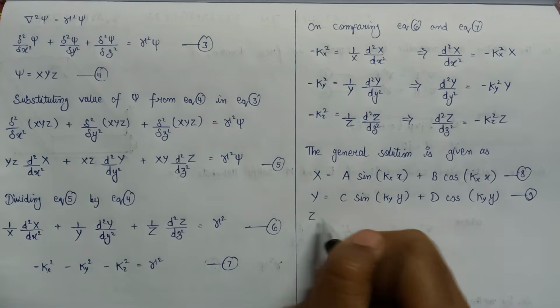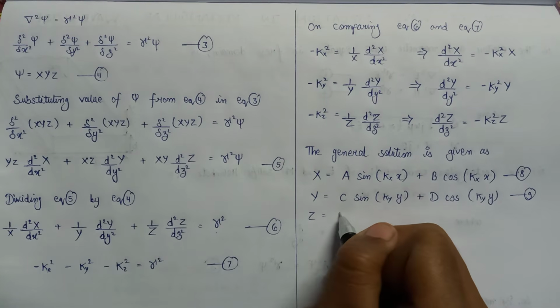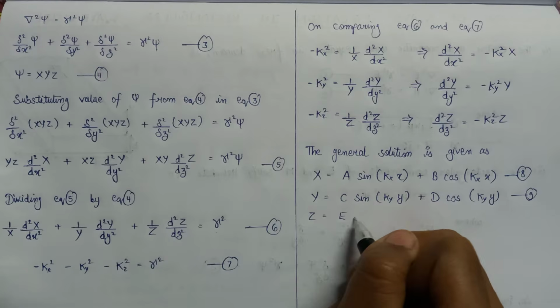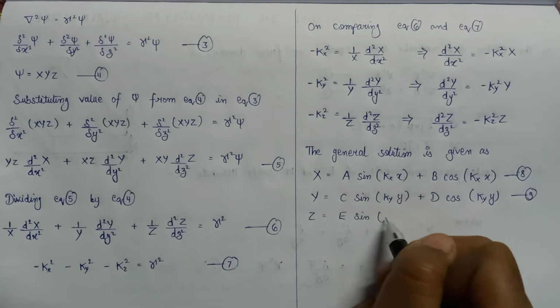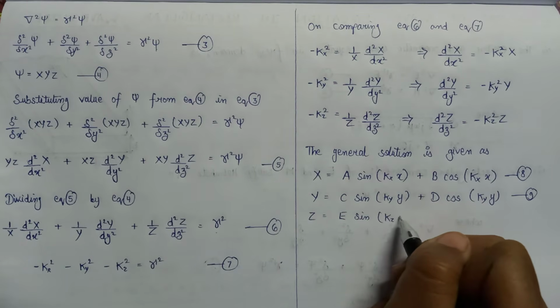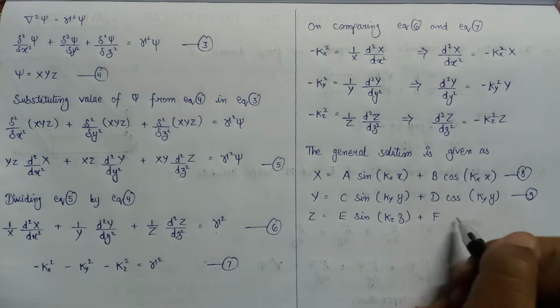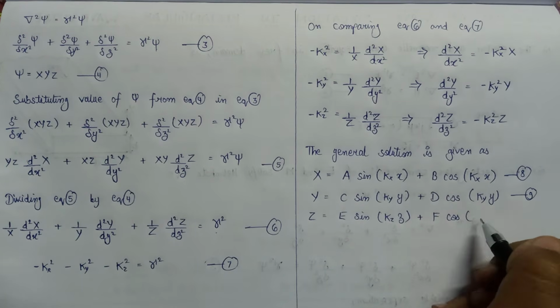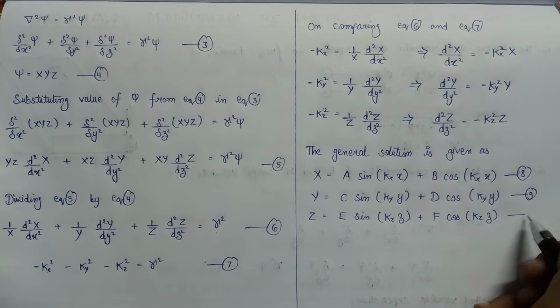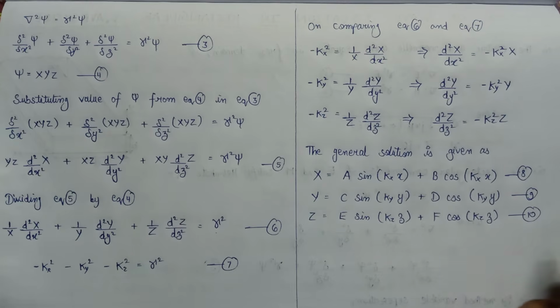And for Z, we get the solution as e sin kz z plus f cos kz z. This is our equation number 10.